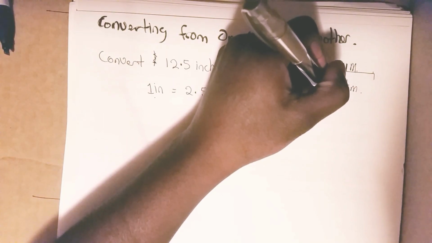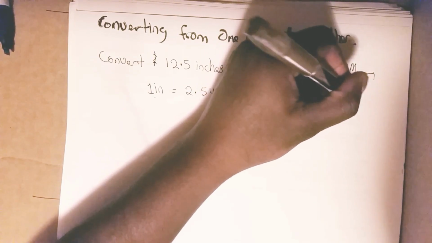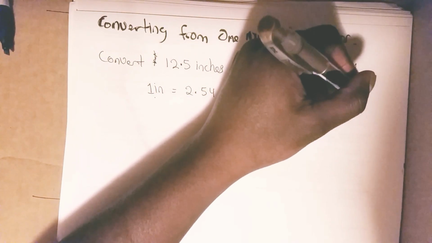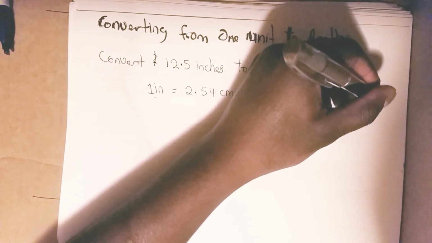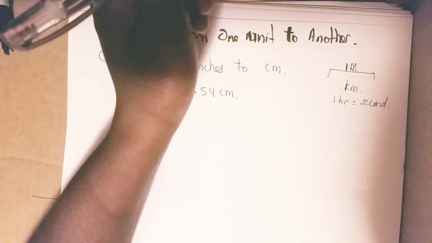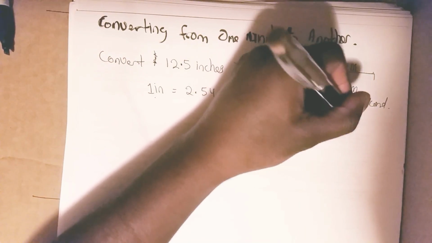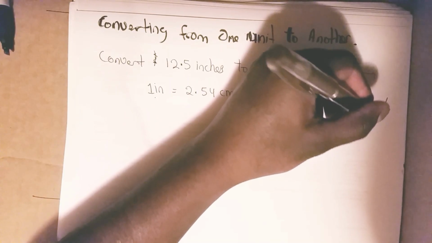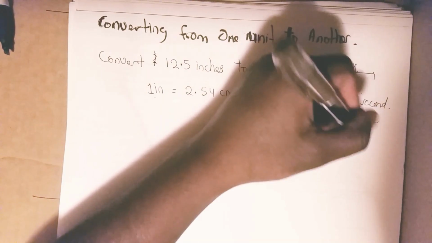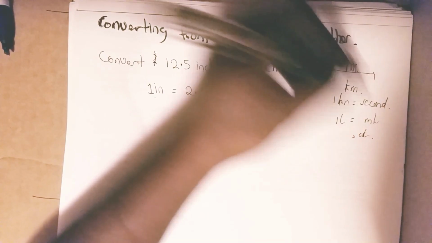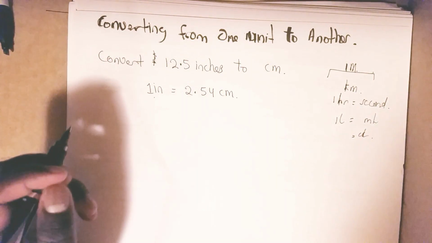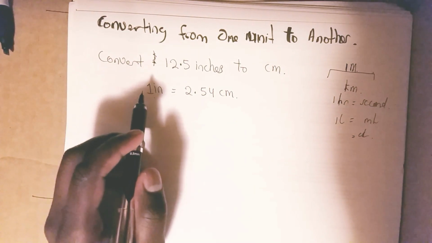If you have 1 hour and you want to convert that into seconds, how many seconds are there in 1 hour? Or if you have 1 liter, how many milliliters are there in that, or how many centiliters? Something like that, right? You also want to convert stuff.